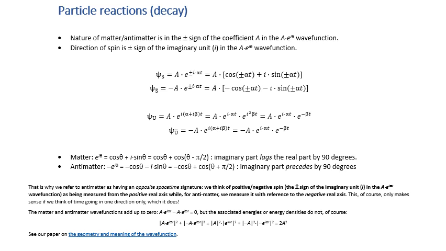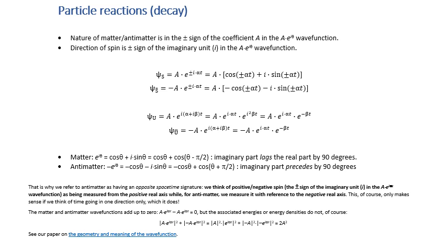So you have your normal wave function A times e to the imaginary unit times alpha t, times a real exponential, because i squared is minus 1. And so we have a real negative exponent, Euler's number to the power of minus beta t, and beta is going to be the inverse of the mean lifetime of that particle, but it's going to die out. So that's how you model stable and unstable particles and matter and antimatter.